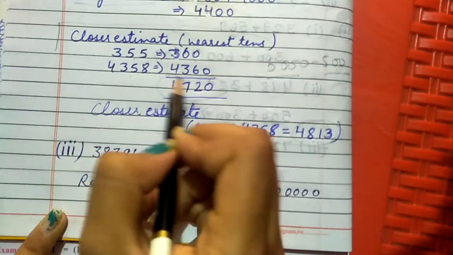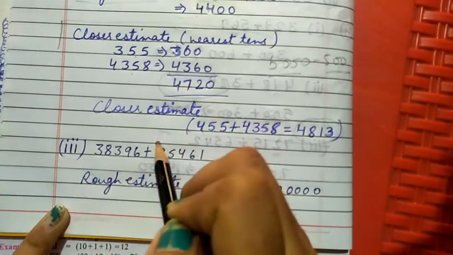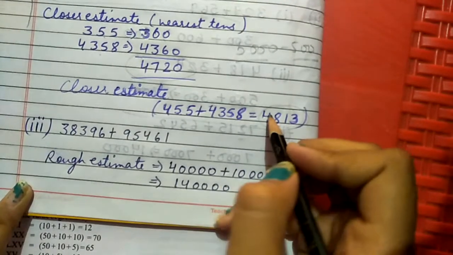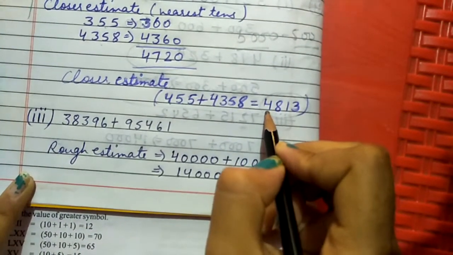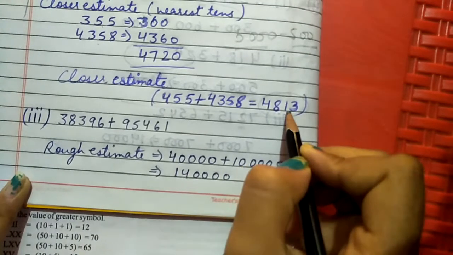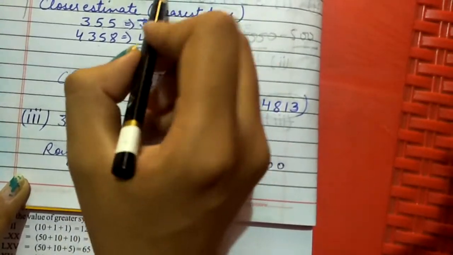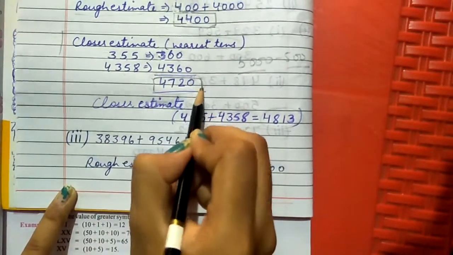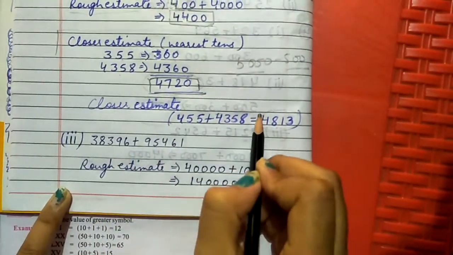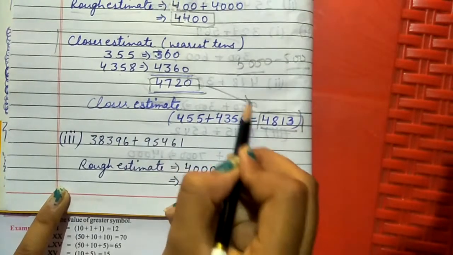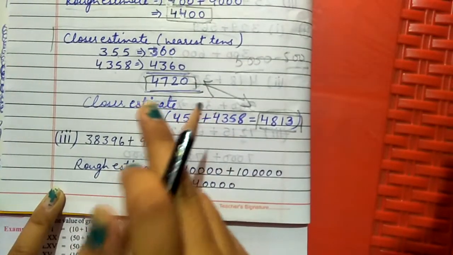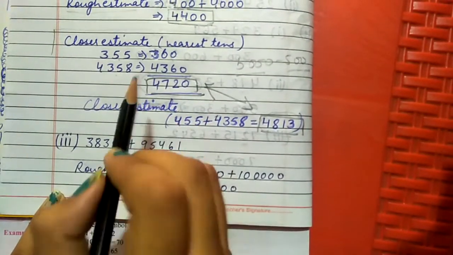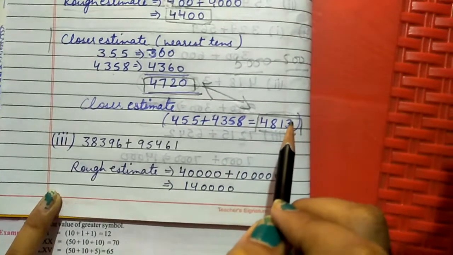If you do the addition of this, you'll get 4720, and the actual sum is 4813. So you can see there is a huge difference between this rough estimation and this closer estimation, and the actual sum is just near. So it is very important to do the closer estimation and actual estimation correctly.